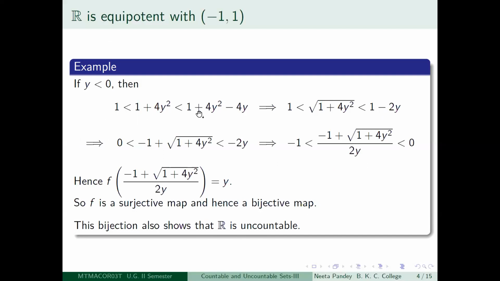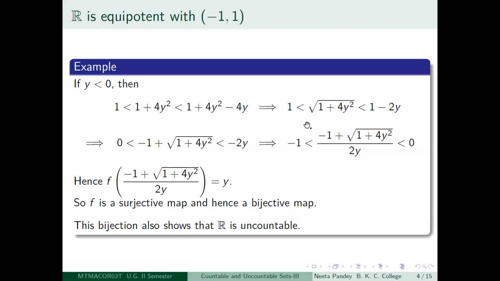This is (1 minus 2y) whole squared, and 1 minus 2y is now a positive number because y is negative. So if you take the positive square root of (1 minus 2y) whole squared, you will get 1 minus 2y. So this is the inequality you get when you take the positive square root of these numbers.